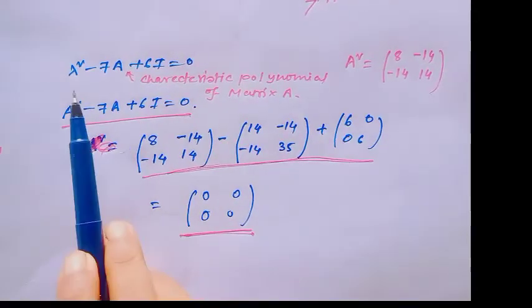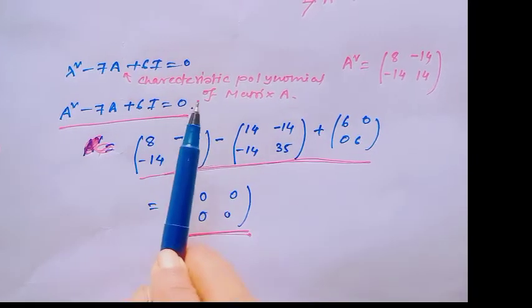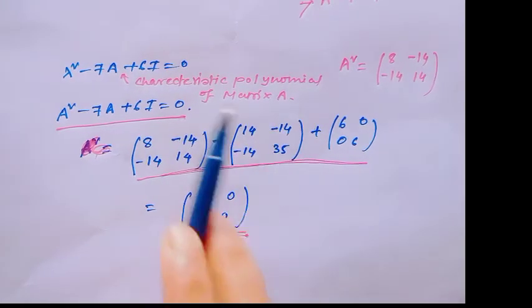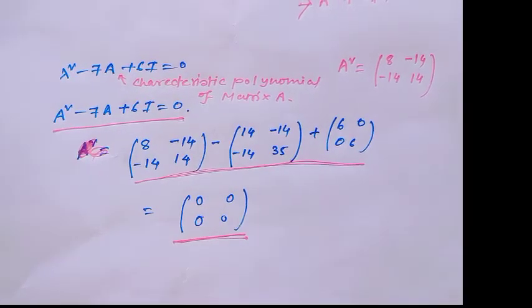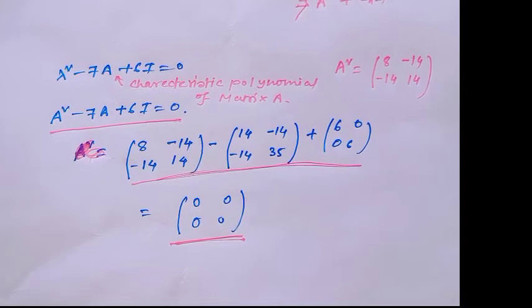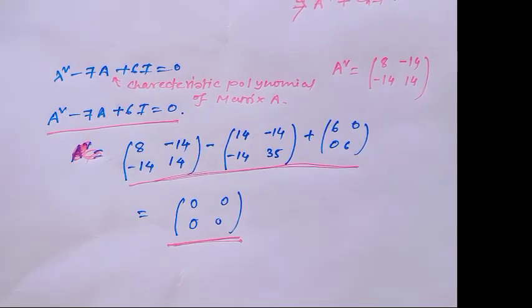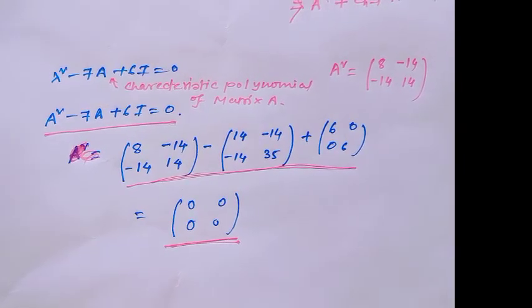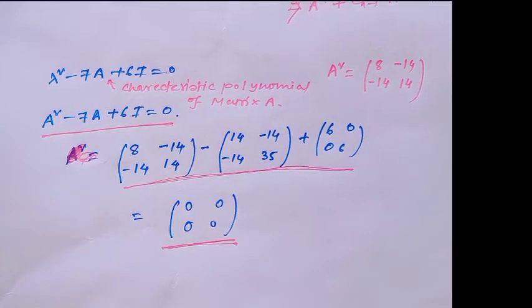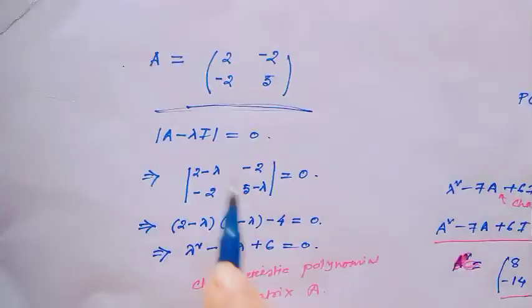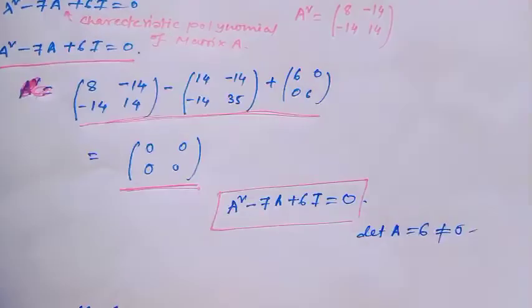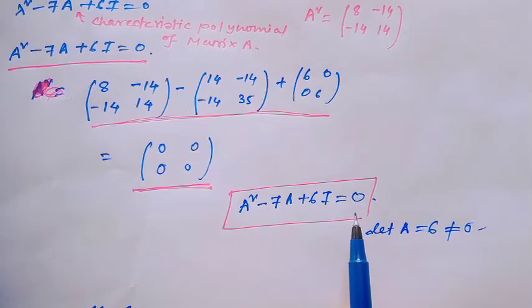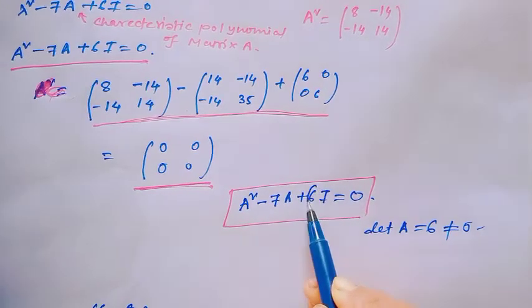That means A satisfies the characteristic polynomial, and this is the actual idea of the Cayley-Hamilton theorem. Every matrix satisfies its characteristic polynomial.